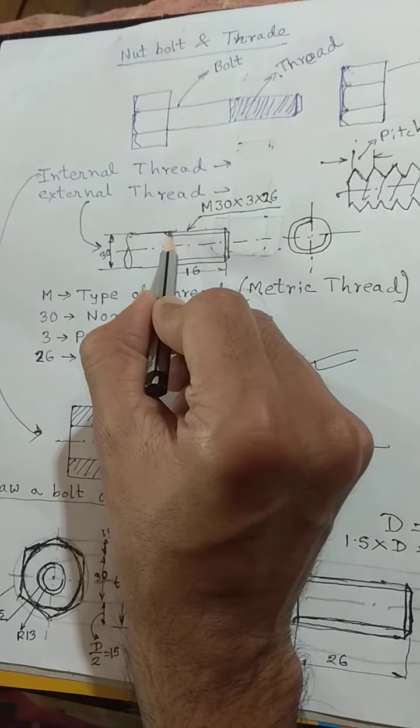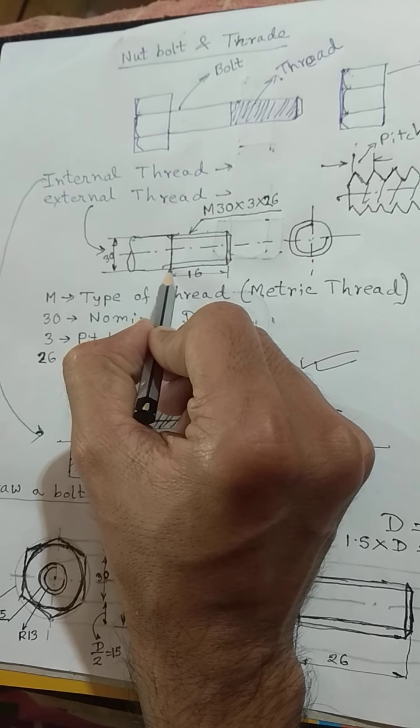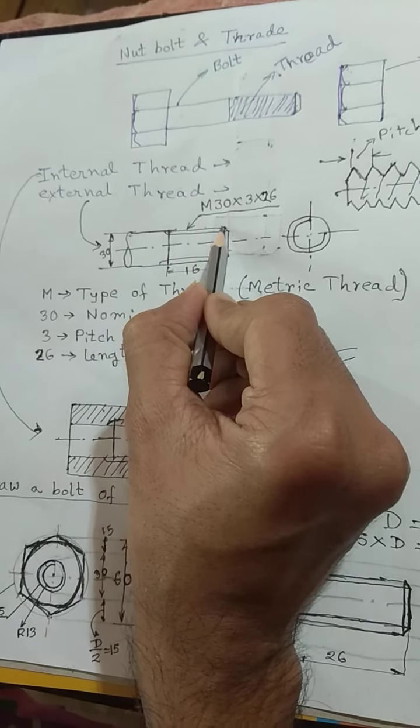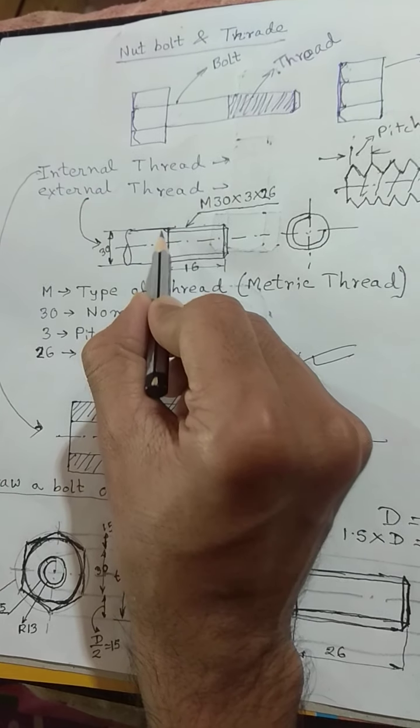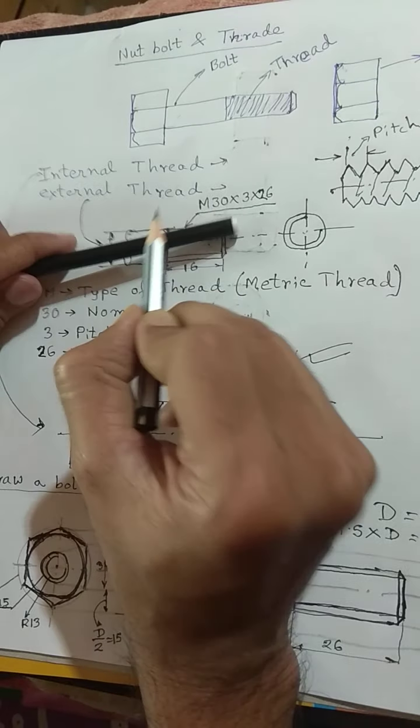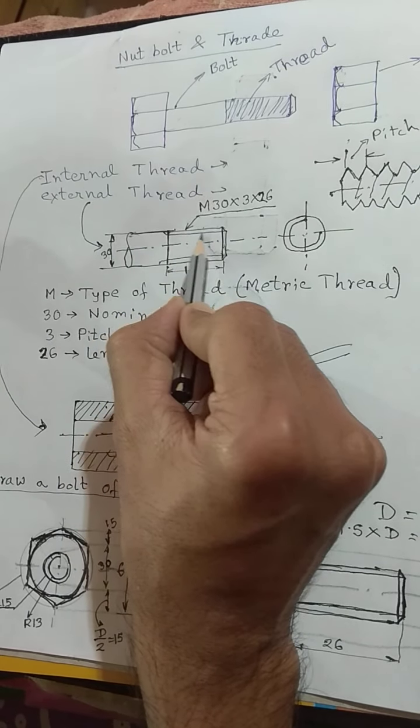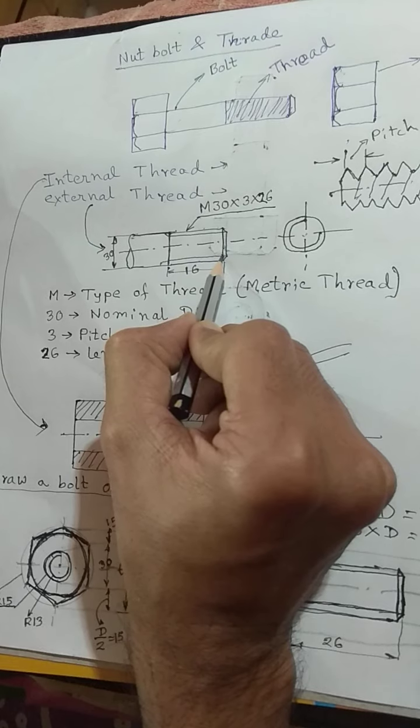Where the thread ends, I use this vertical line, and the ending part will be slightly like this. This is when I am seeing it from the front, where I use this double line.